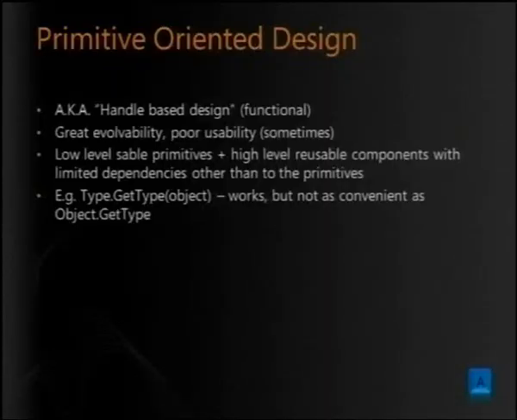So primitive-oriented design. Some people would say that's just functional programming. We've known that for a very long time, and if you want to call it functional programming, that's great. Some people call it handle-based design, and that's basically a set of reusable routines and set of primitives, and there's clear separation between them, and you kind of pass primitives to the reusable libraries to do operations.